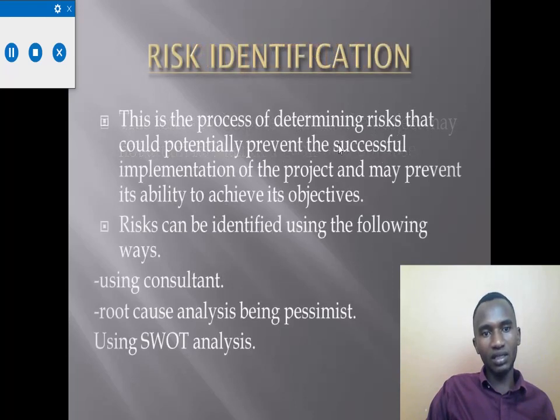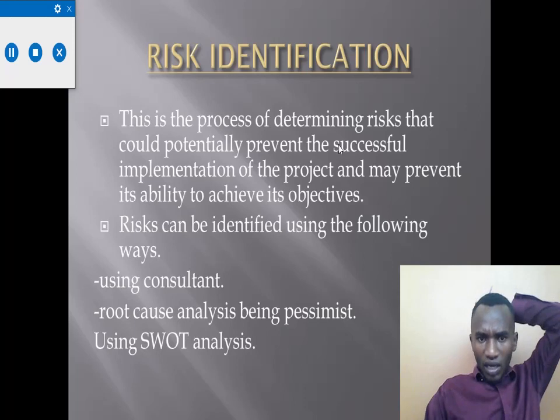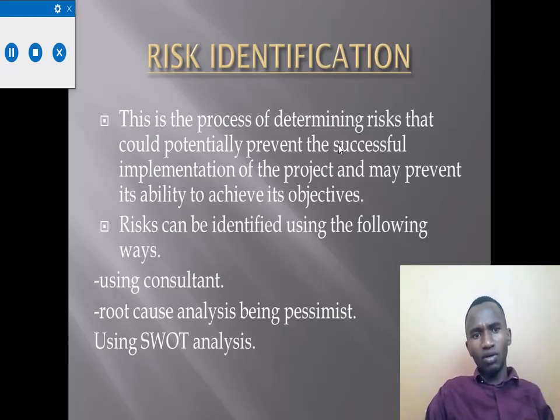Then the next slide is talking about risk identification. This is about how to identify the risks within the business. It says this is the process of determining the risks that could potentially prevent the successful implementation of the project and may prevent its ability to achieve its objectives.